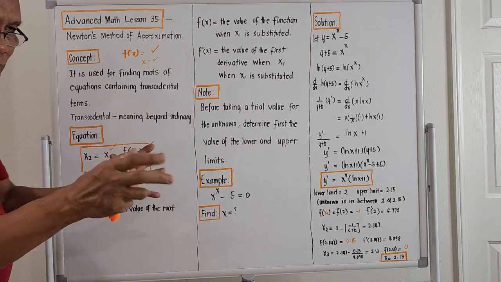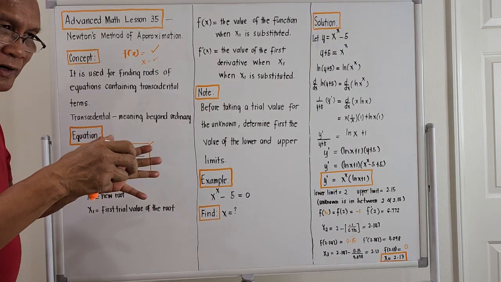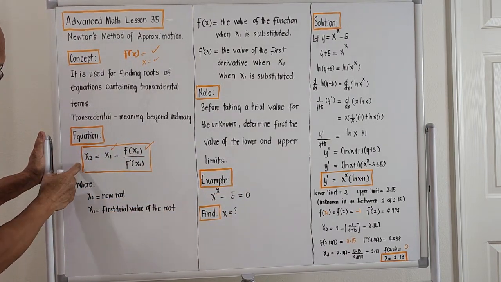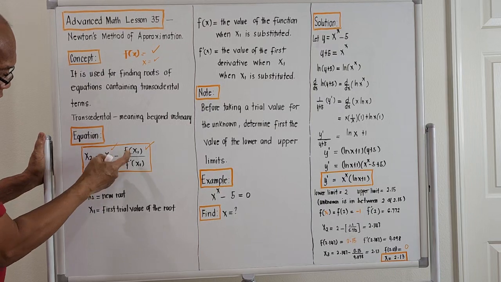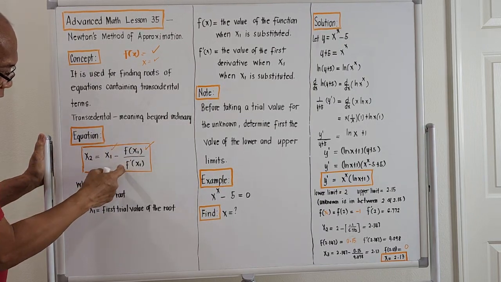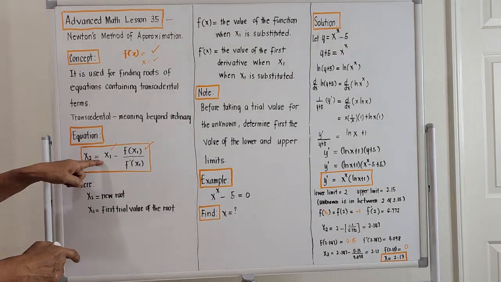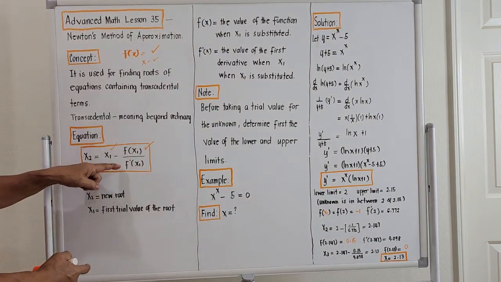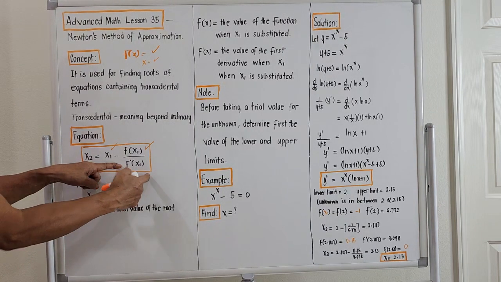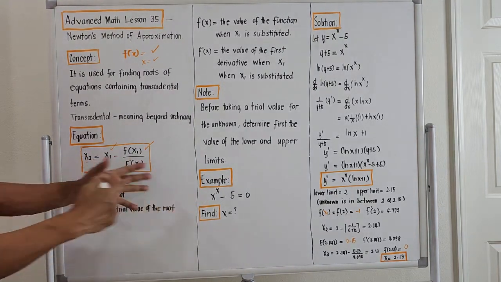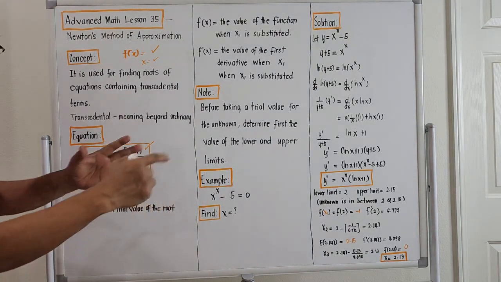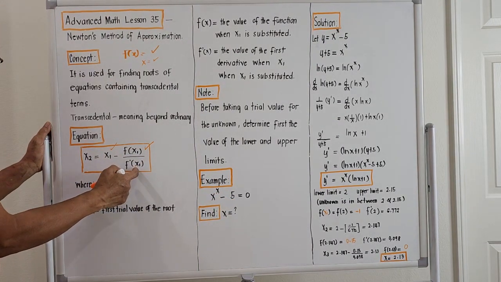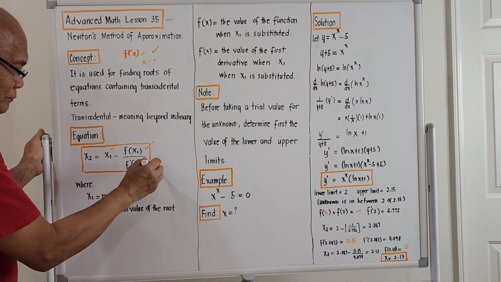That's why to compute for the next possible near perfect solution, we will use this equation, that is x2 will be equal to x1 minus the ratio of f of x1 over f prime of x1. We are given x1, we could compute for f of x1, and we will compute for the first derivative at x1, meaning if we are given the first derivative of the given transcendental equation, we will substitute the original value of x1 and we could compute for the value of that.